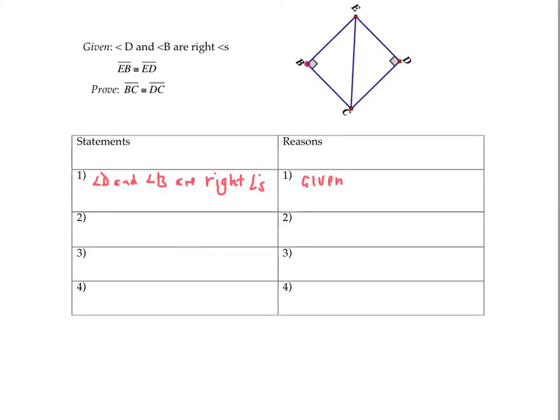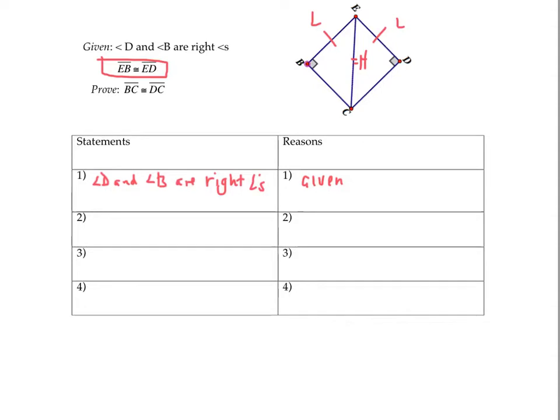So let's check it out. We are given that EB is congruent to ED, and that is a pair of legs in the 2 right triangles. And we can see that the 2 right triangles share line segment EC, and that's the hypotenuse for each of those 2 triangles.